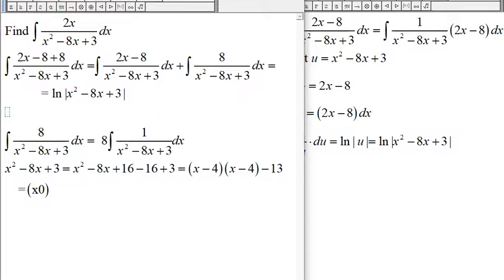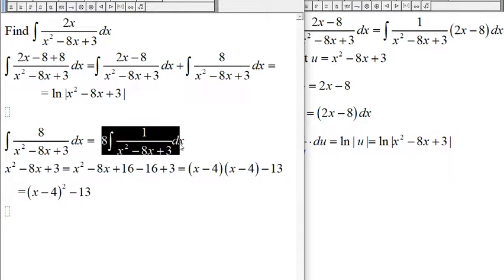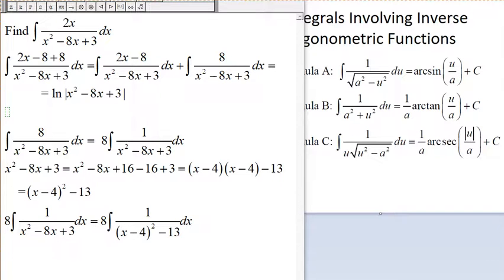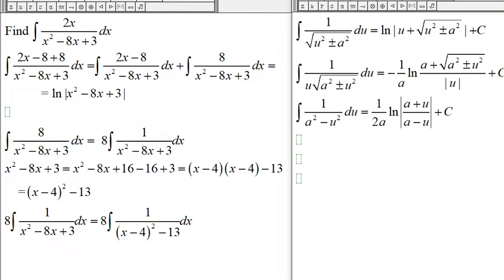And so this becomes x minus 4 squared and then minus 13. So our integral now becomes this. And this has almost the form of a squared minus u squared, but what we can do is turn this around.